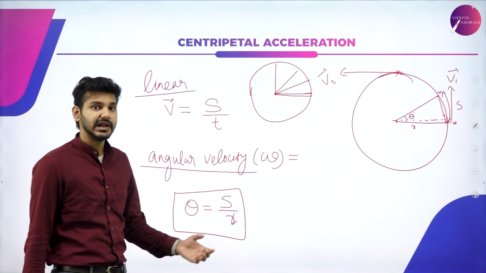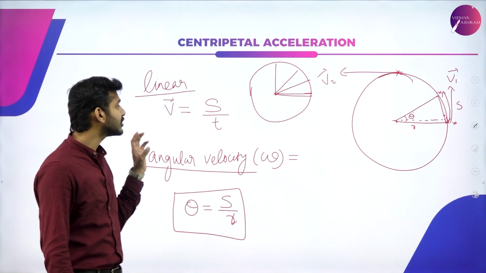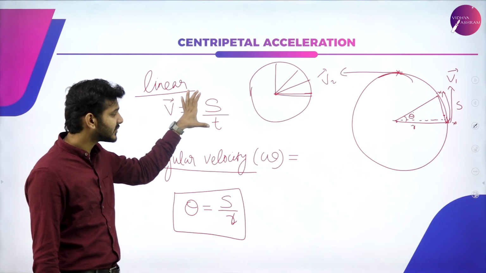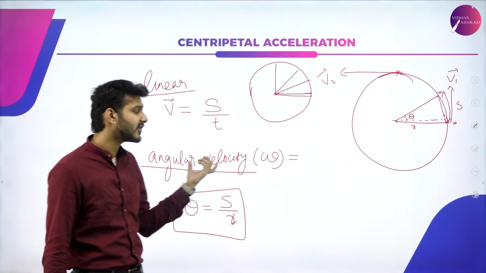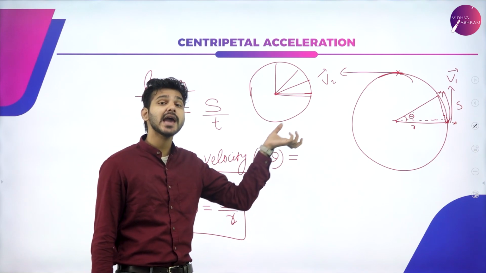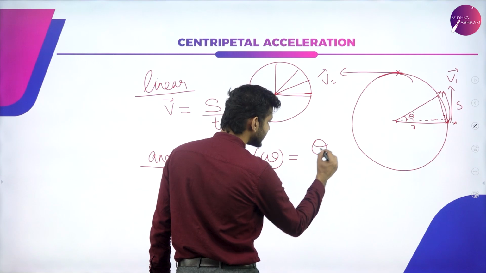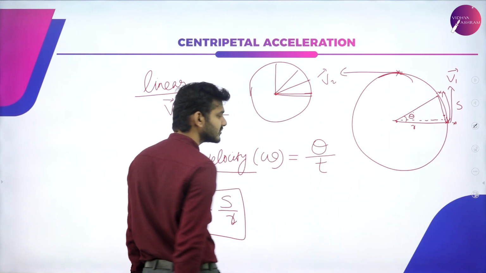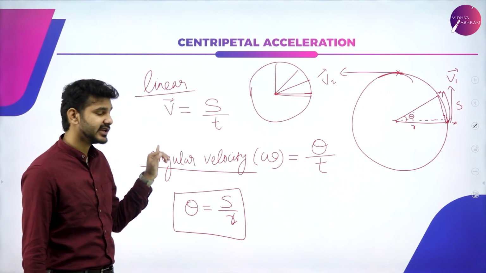We also know that linear velocity is displacement by time. Analogous to that, angular velocity will be equal to angular displacement by time. So angular displacement is theta, and we know this is angular velocity and this is linear velocity.